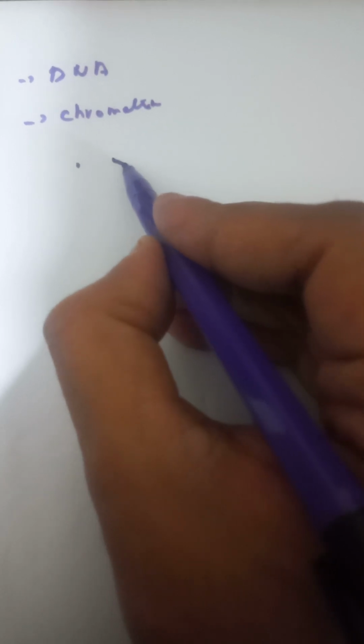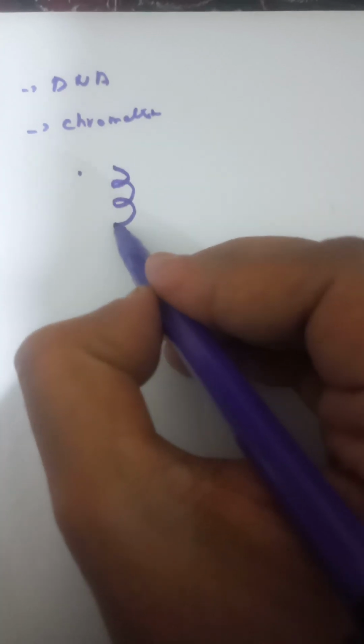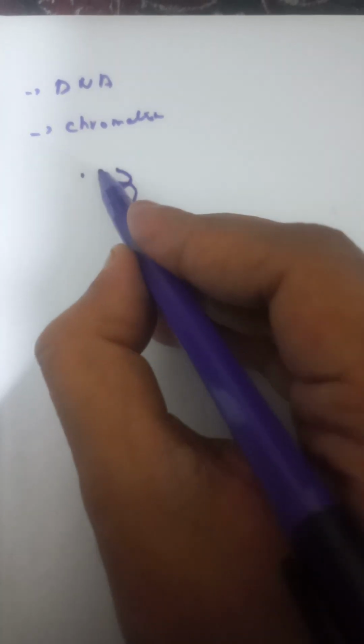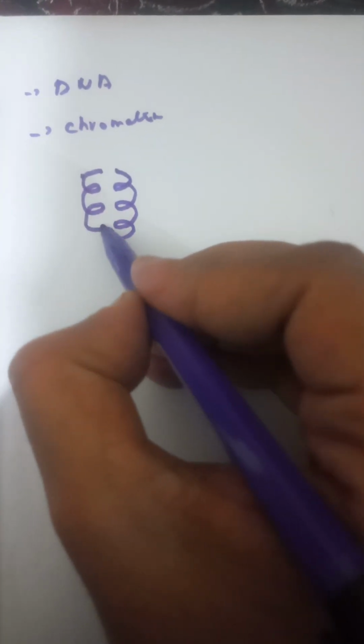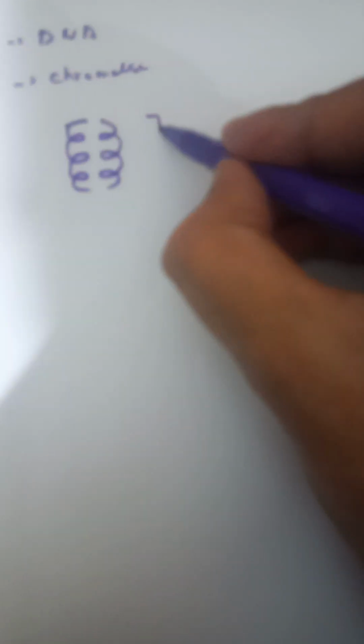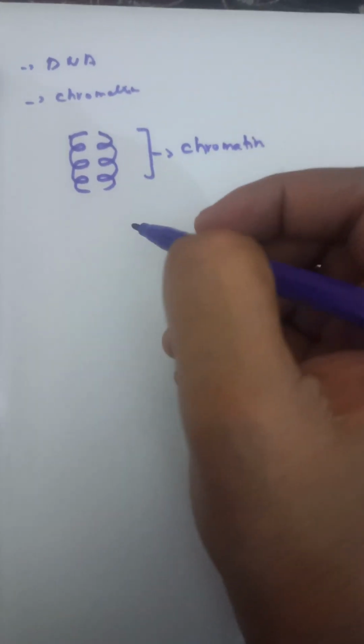Let me make the chromatin structure here first. So just look at this. This is how a chromatin usually is. This is a normal chromatin structure. Okay. So to understand its structure completely, we have to zoom it here.